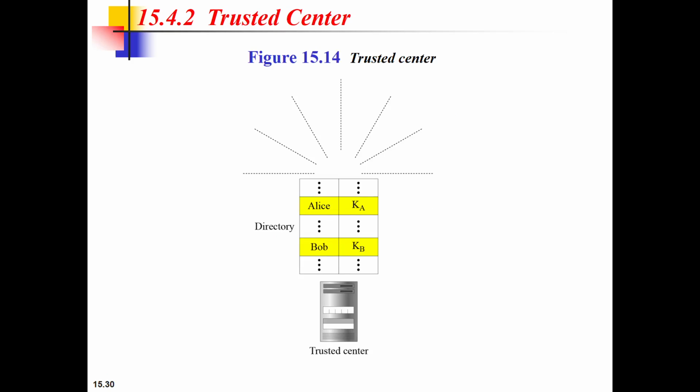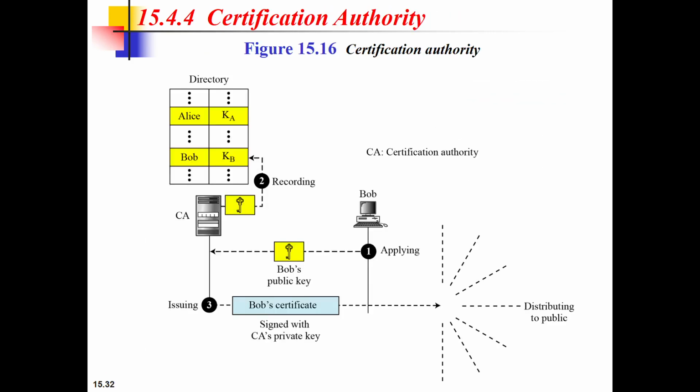So they send out, this is done by a certification authority. A certification authority is basically the trusted center which stores all the public keys of all the devices and sends out certificates of devices which contains the public key whenever required.